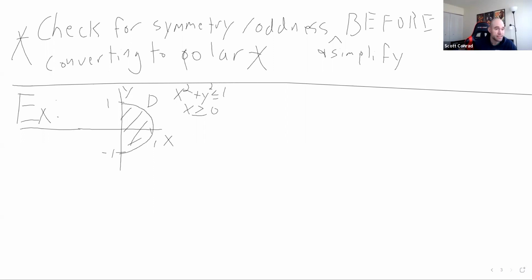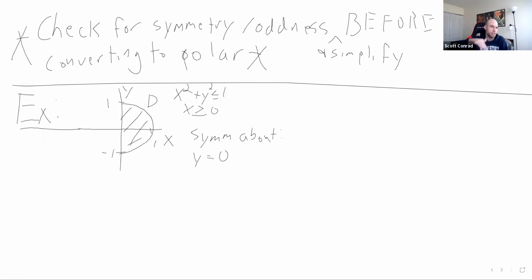So this is symmetrical in the y direction. We're symmetrical about y equals 0.